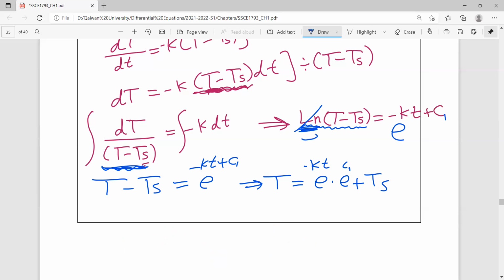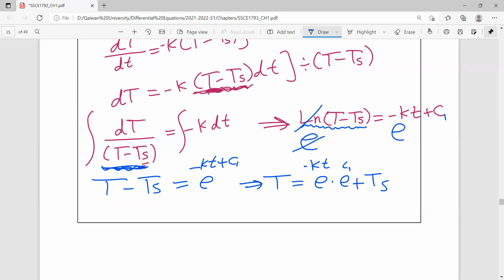If we take e for this side and for the other side, these two cancel out. In the left hand side, we have only T minus Ts, because the e and the ln cancel out. In the right hand side, we have e to the power minus kt plus c1.